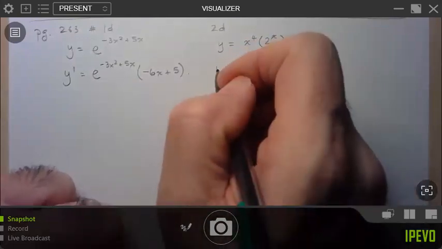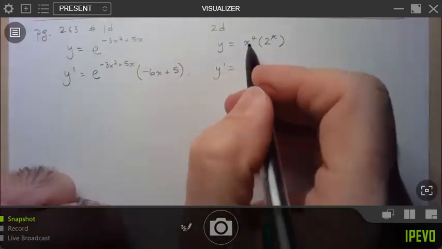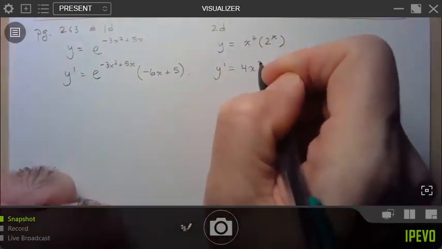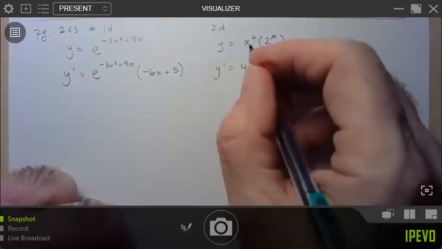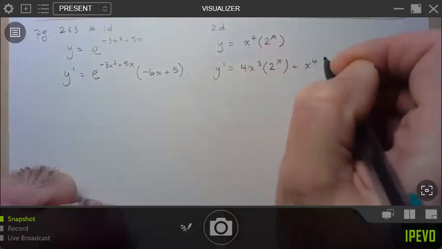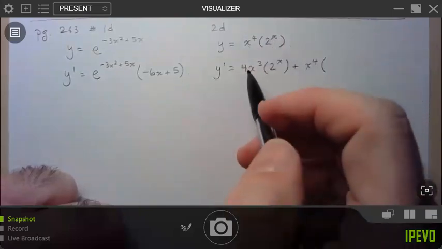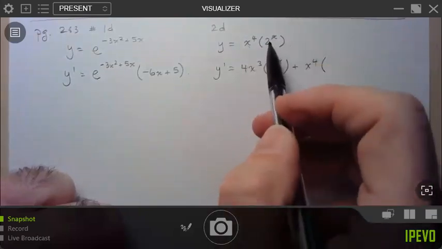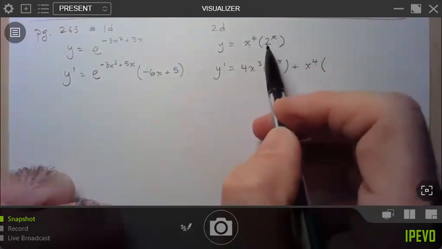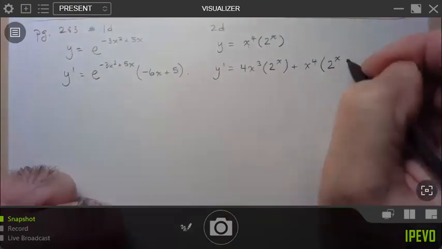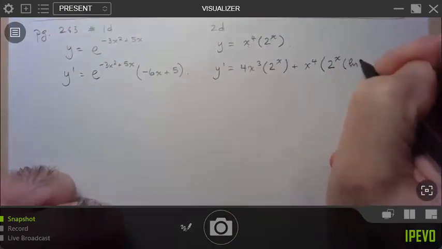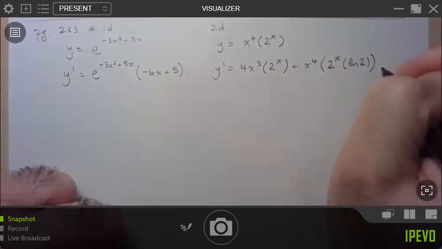So I'm just going to follow the product rule: derivative of the first, 4x cubed, times the second function, 2 to the x, plus the first function, x to the fourth, times the derivative of the second function. Since this is an exponential function whose base is not equal to e, the derivative is given by itself, 2 to the x, but there's this extra factor of ln 2 because 2 is the base.